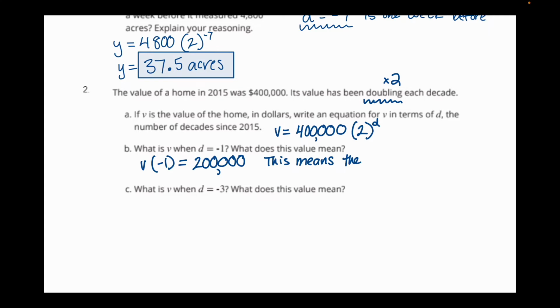We can say the home was worth $200,000 in 2005, because that would be 1 decade before 2015.